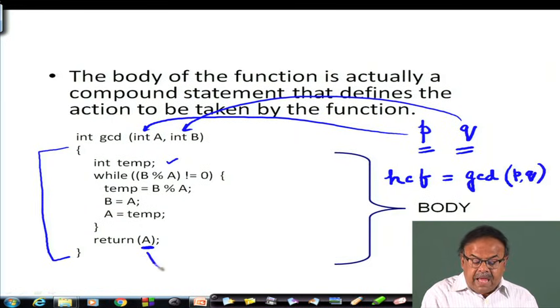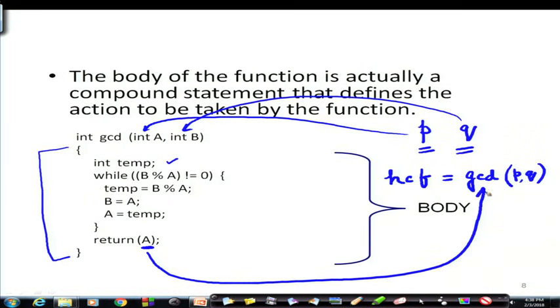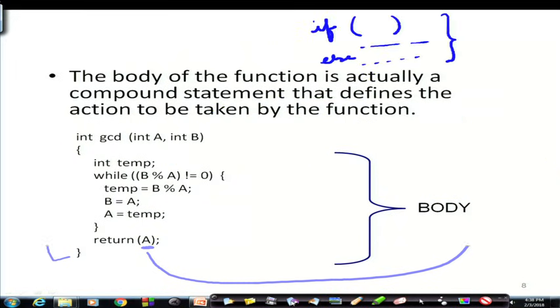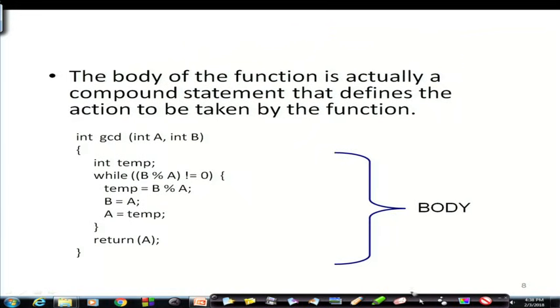Now, this A is being returned to this GCD call, because it was a GCD function that was called, and that is where it is going. A is coming here, and then by this assignment statement that is going to HCF. That is how the function is being connected. And we also see what is the body of the function.